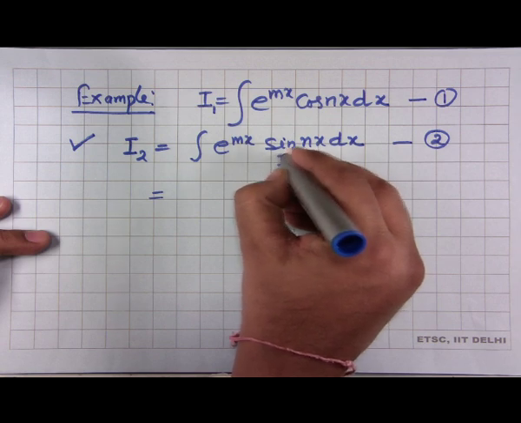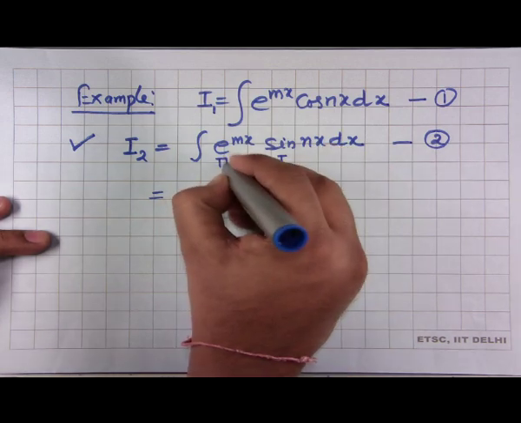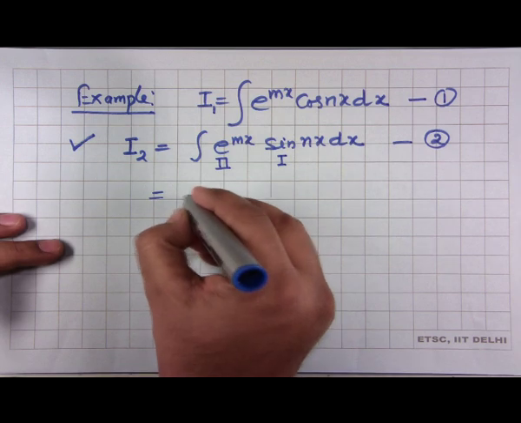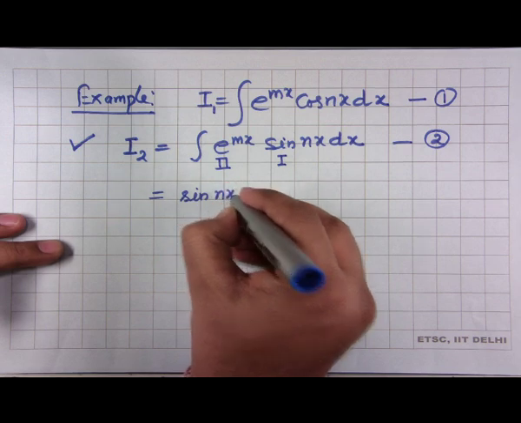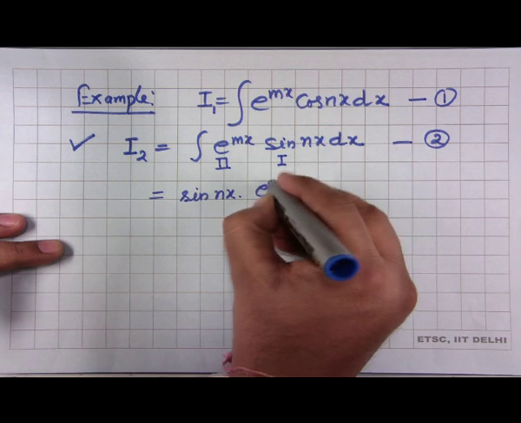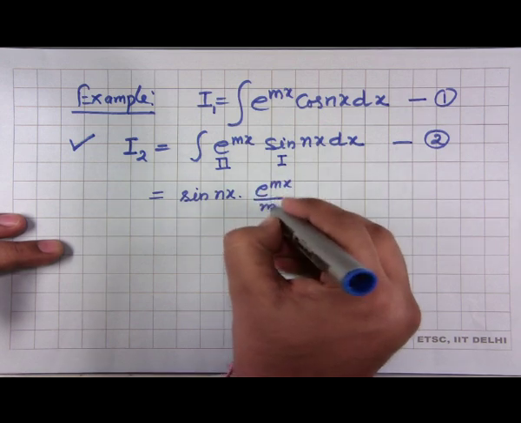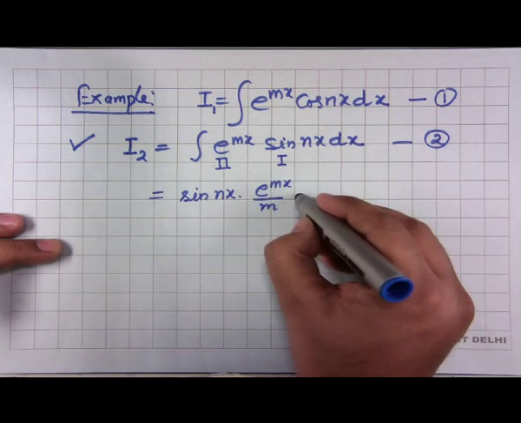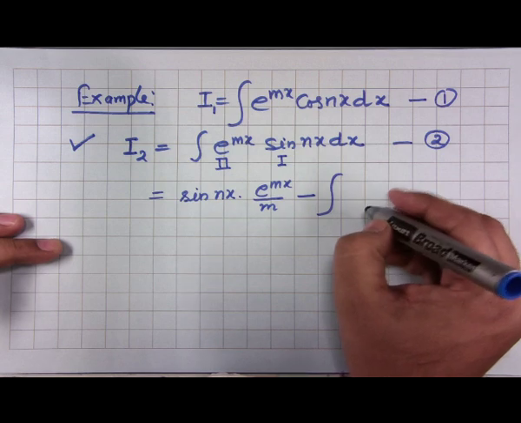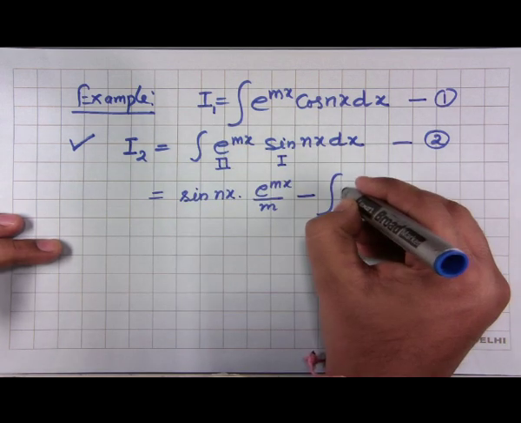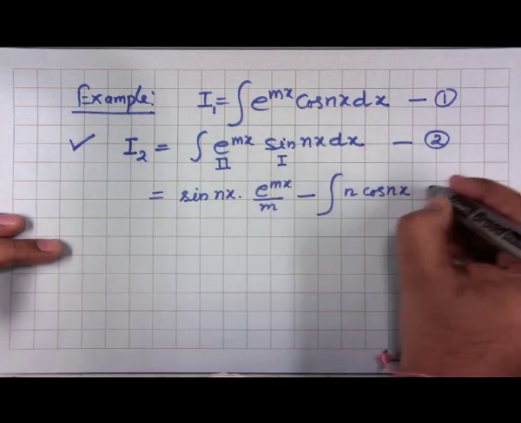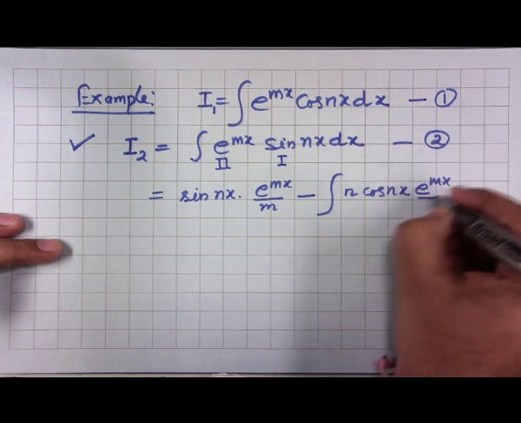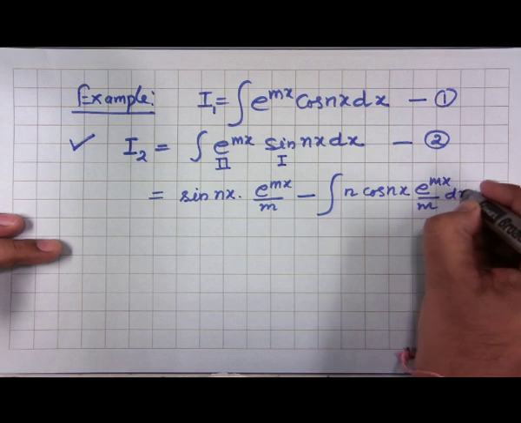So, let us write this I2 and choose the first function and second function. Since sin nx is a trigonometric function, I should choose it as the first function, and according to my order I should choose the exponential as the second function. So, the integral will give me sin nx e raised to power mx divided by m, minus the integration of the differentiation of the first, so it is n cos nx, times e raised to power mx by m, the integration of the second, dx.